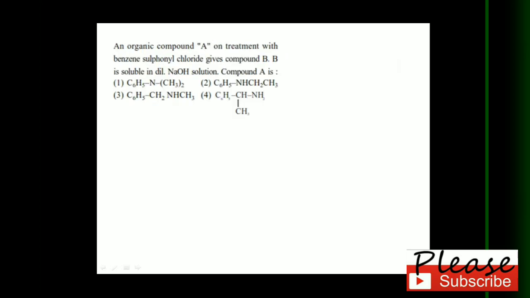An organic compound A on treatment with benzene sulfonyl chloride, SO2Cl, gives a compound B, and this B is soluble in dilute NaOH. That means it is a primary amine.